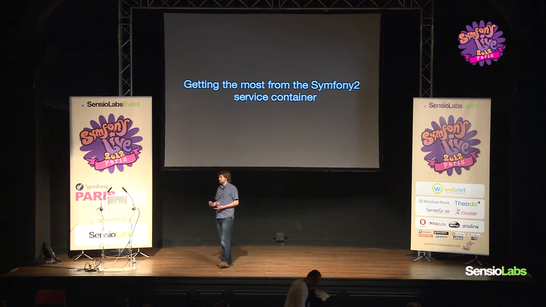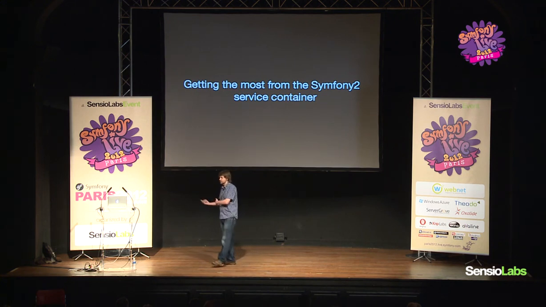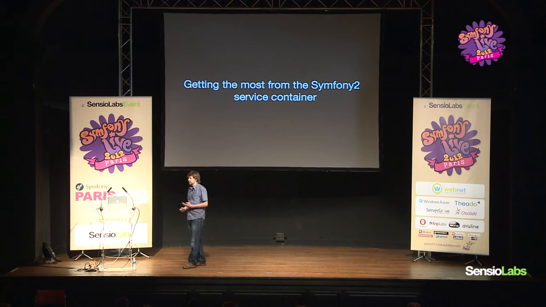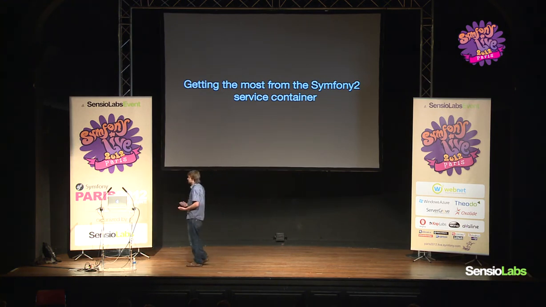Sometimes you find that in the configuration you're injecting the same services over and over again into different things, and it would be nice to be able to reduce the repetition there as well. And also going to take a bit of a look at the compilation process that the container goes through and how different configuration is loaded and the different ways that you can work with it, by having a look at why you can do certain things in certain places and not others.